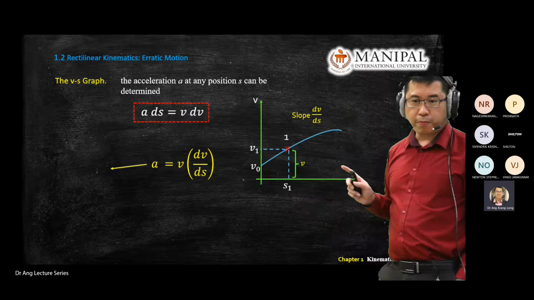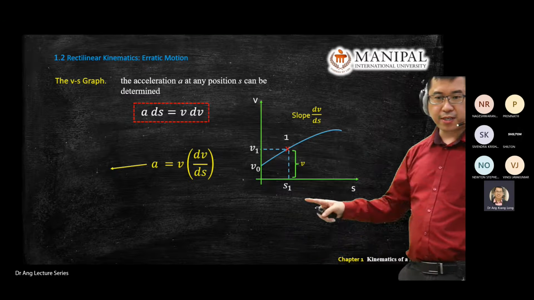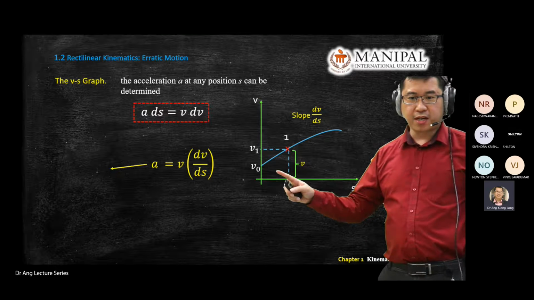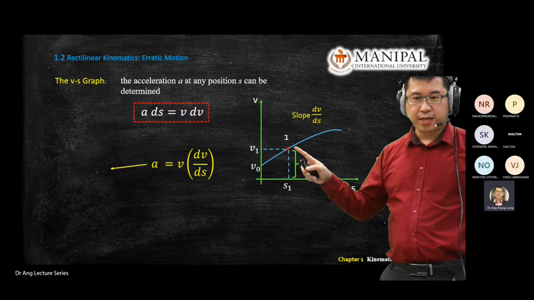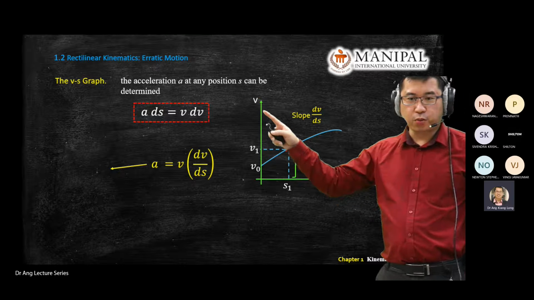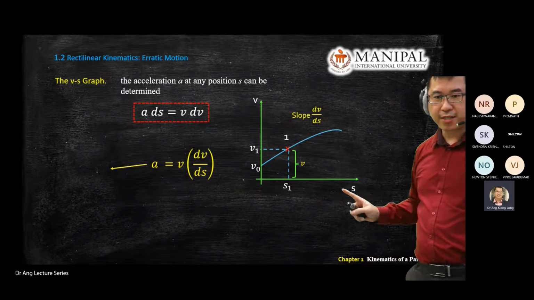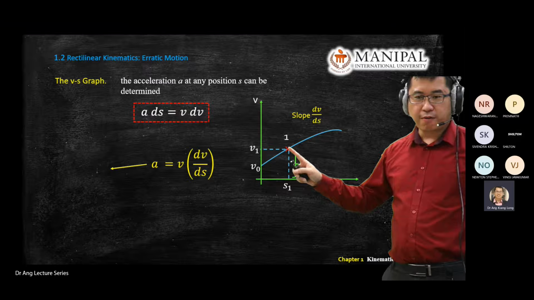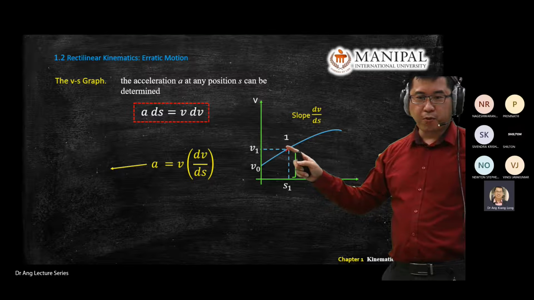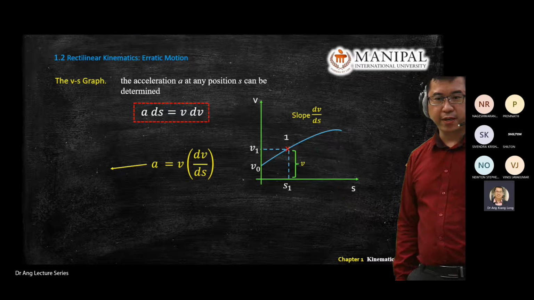So you go back to the V versus S curve or V versus S graph. Just now, when you have a curve and you look at that point, you do differentiation of dv ds, or differentiation of your y-axis and x-axis, because your y-axis is V and x-axis is S. You focus on that point, you take the y differentiated versus the x-axis, you get the slope or gradient.